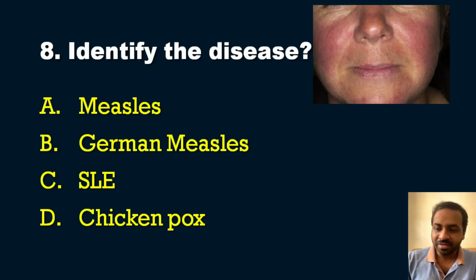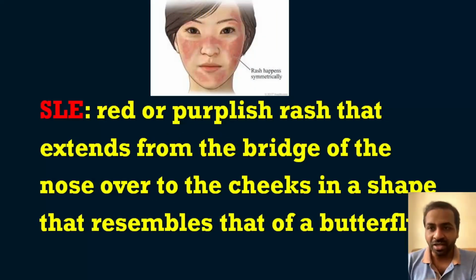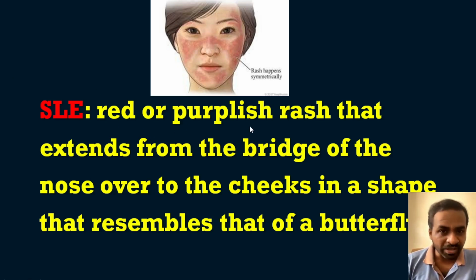So what is the answer for this question? The answer is SLE, otherwise known as systemic lupus erythematosus, and the peculiarity of the rashes we will explain in the session. We can see a picture here. We can see a rash which happens symmetrically in SLE, a red or purplish rash that extends from the bridge of the nose over to the cheeks in a shape that resembles a butterfly.